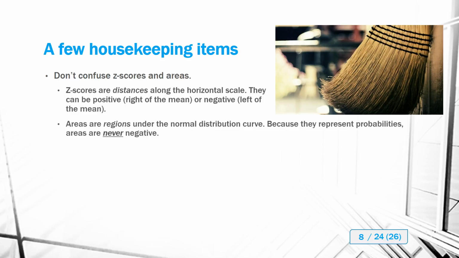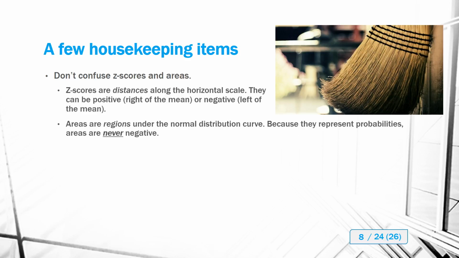Areas, on the other hand, are regions under the normal distribution curve. Regions have two dimensions to them, a length and a width. Because they represent probabilities, areas are never negative. So where z-scores can be positive or negative, areas cannot. Areas can be only positive, never negative. That's because that density curve always stays above the horizontal axis.